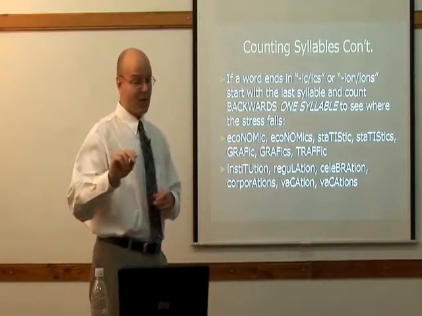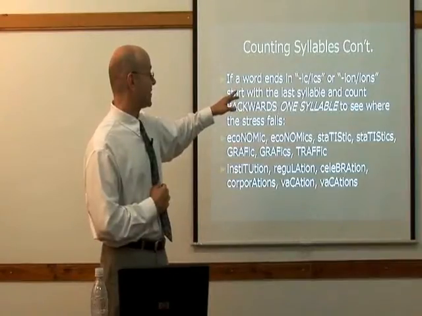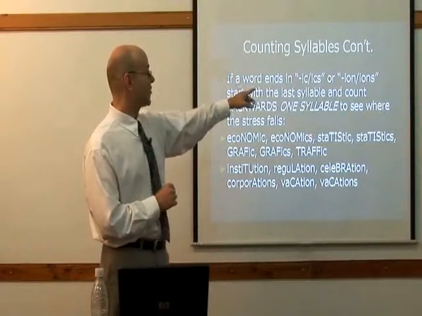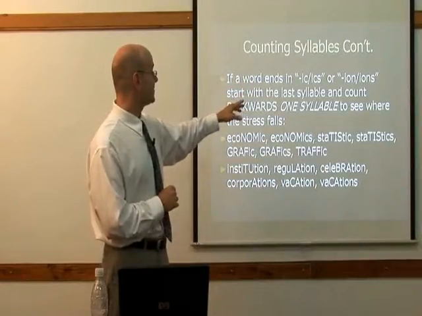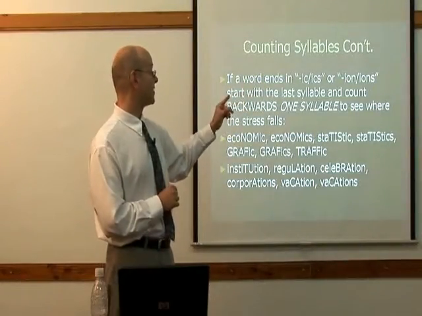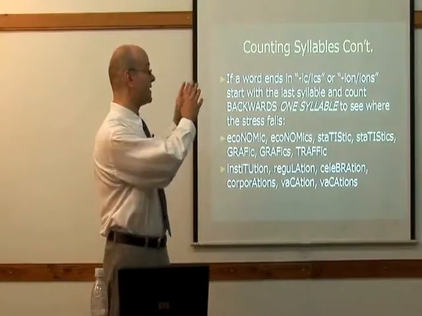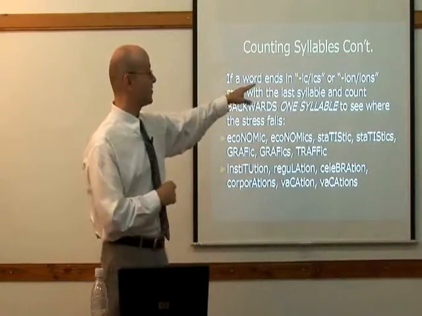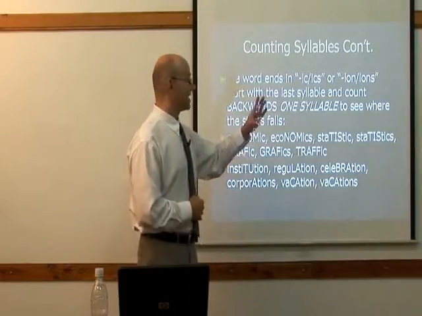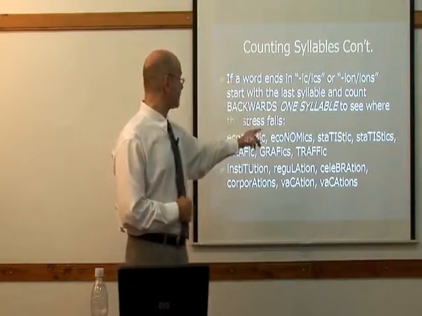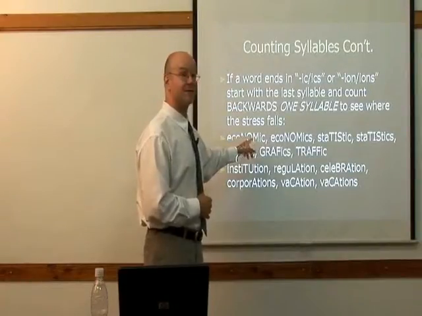Okay, if a word ends also in IC or ICS, or ION, IONS, if a word ends in these, you start with the last syllable and count backwards 1 syllable to see where the stress falls. The other one you count back 2, here we count back 1. So for example, economic. Economic has 4, start at the end, count back 1, and that's the stress.